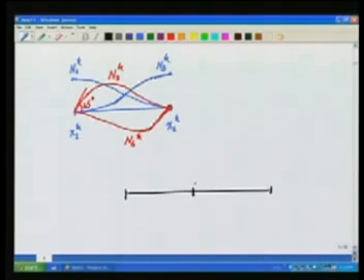Let's take, for example, the function which interpolates the value of v at this point. Let this be a generic point k. So this will be element k, and this will be element k minus 1.